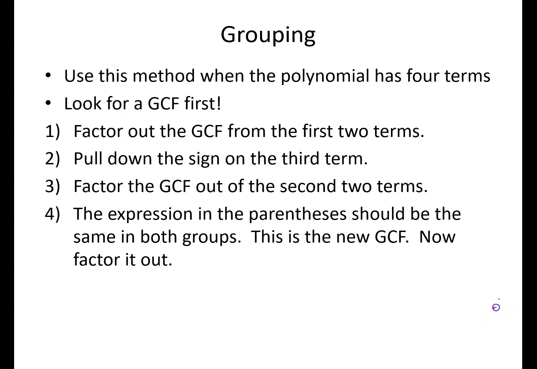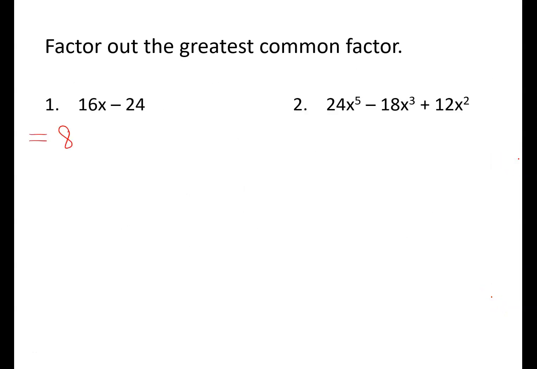Let me go back to that slide real quick. Okay, so we have 8. Then we look at the variables. The first term has an x, the second term does not. So we don't have any common variables. Therefore, only the 8 is the GCF.